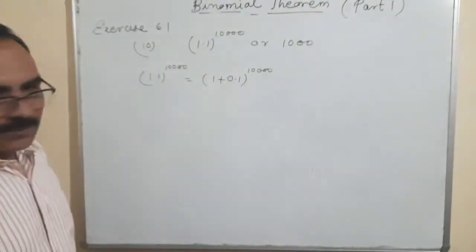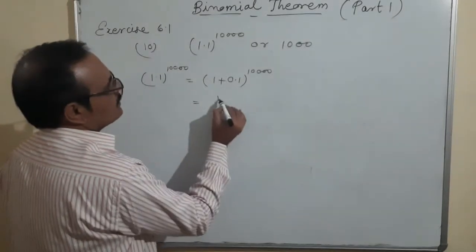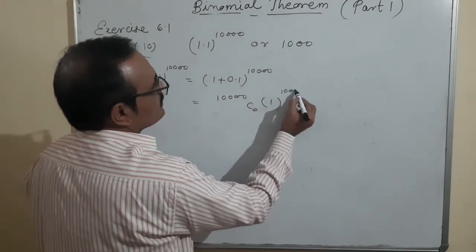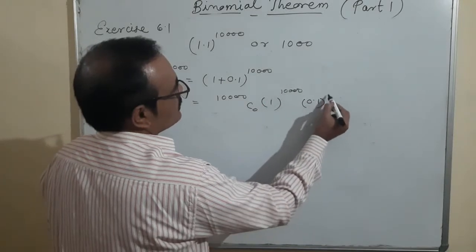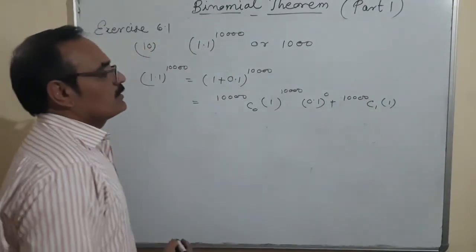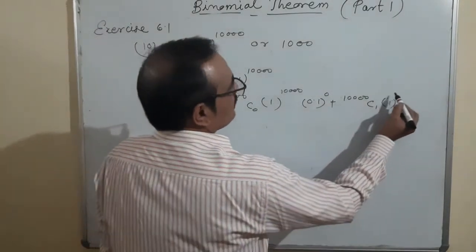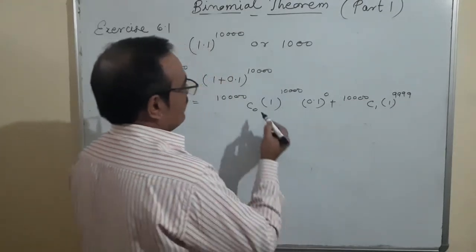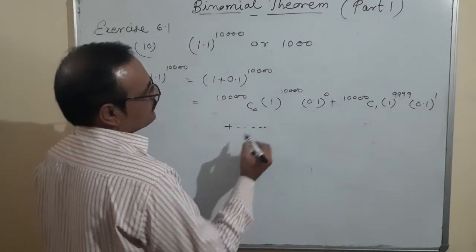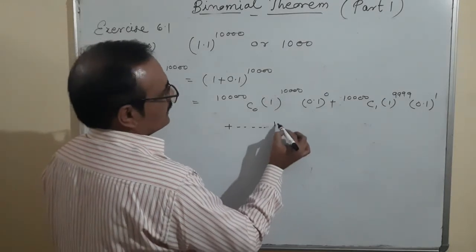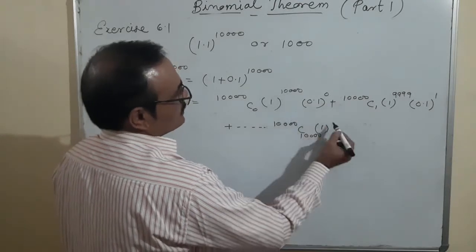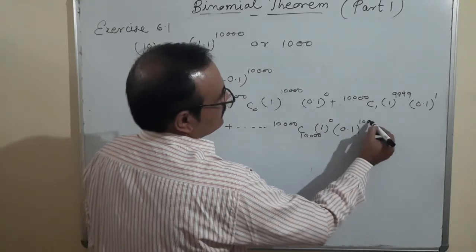We'll use binomial expansion. 10,000 C0, 1 to the power 10,000 minus 0, and 0.1 to the power 0, plus 10,000 C1, 1 to the power 9999, and 0.1 to the power 1, plus, the process continues, and 10,000 C 10,000, 1 to the power 0 and 0.1 to the power 10,000.